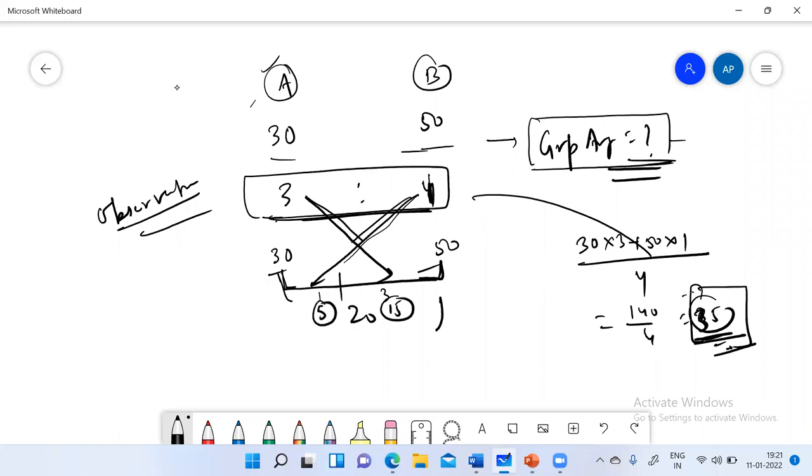So to get that average, we can just add 5 to 30 or subtract 15 from 50. You will be getting 35 only. Okay, got it.